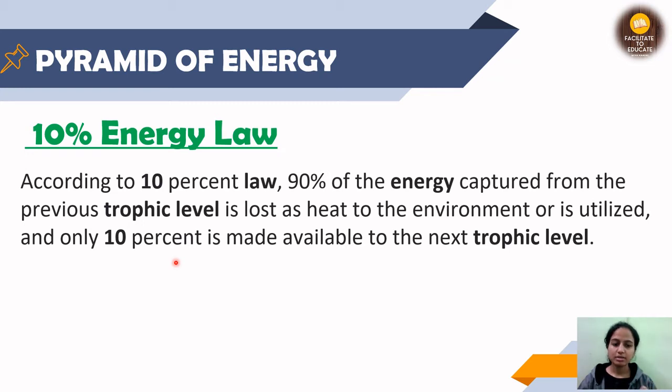So what is happening here is that if there are producers, for example, the producers will utilize the energy that they are getting from the sun. It will be utilizing 90% of the energy, or maybe the energy is lost as heat in the environment. Only 10% of the rest of the energy will be transferred to the next trophic level, that is the primary consumer, and then 10% of the primary consumer's energy will be shifted to the secondary consumer, and so on, right?